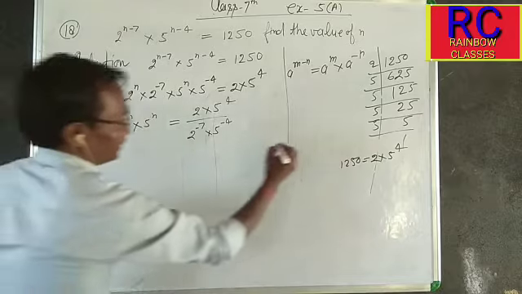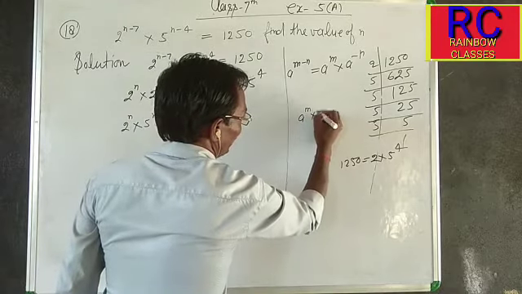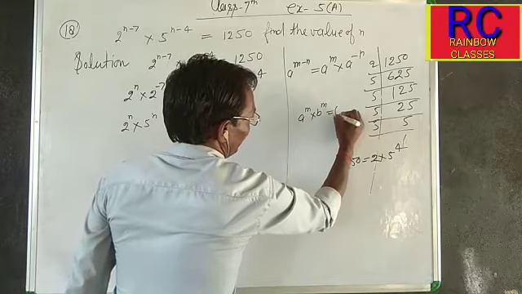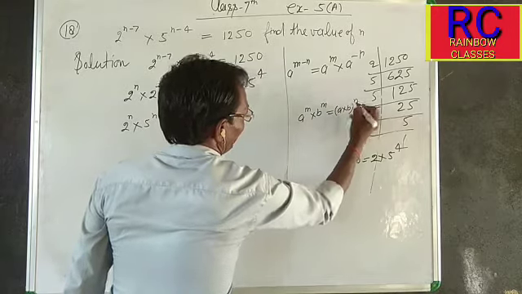a to the power m into b to the power m is equal to a into b to the power m.